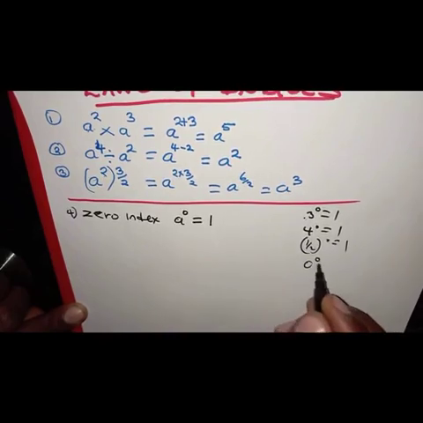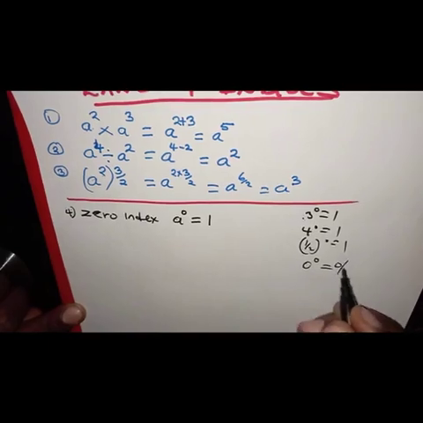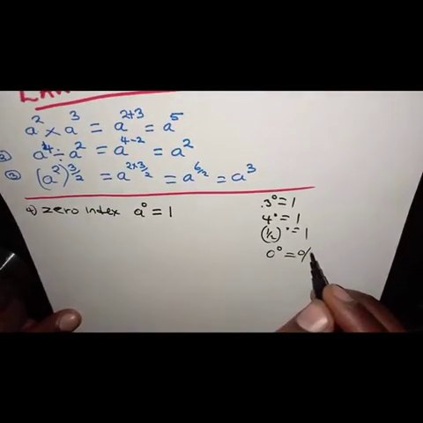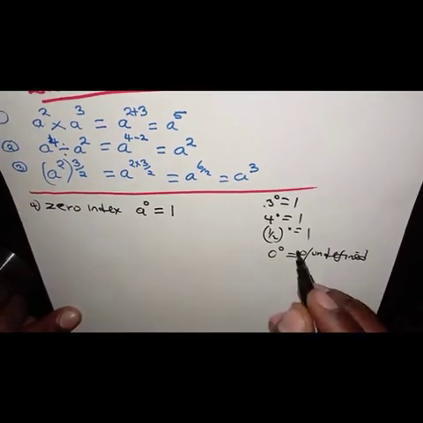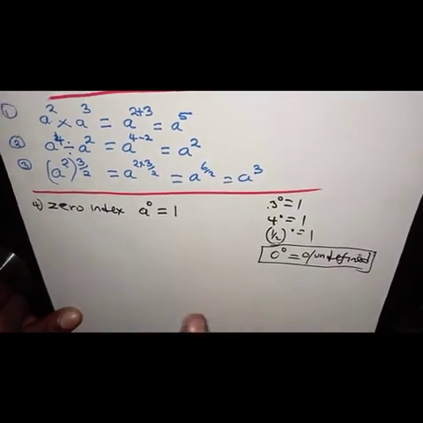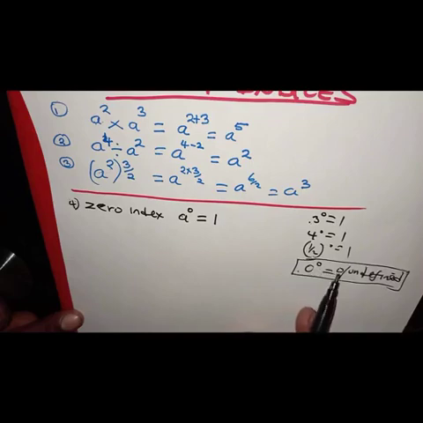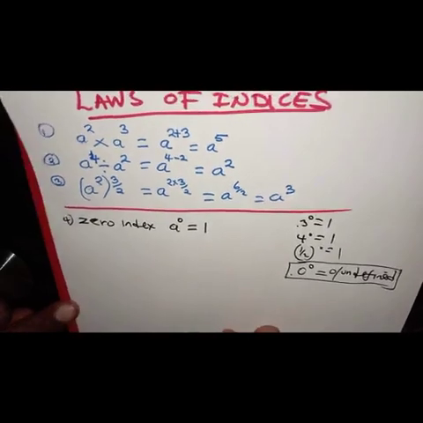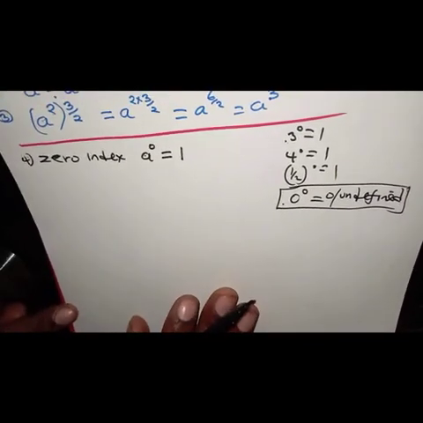But 0 to the power 0, here some people say 0, some they say undefined. So this one never include it when you're talking about the 0 index. Some say it's 0, some say undefined.